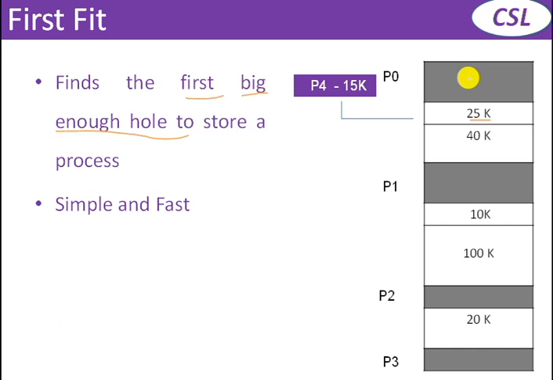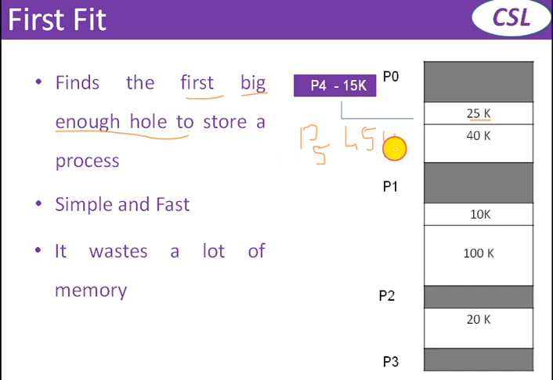For implementation, the first fit technique is very simple and it works fast, but it wastes a lot of memory. Definitely, here 15K is accommodated in 25K, so 10K is wasted. Let us say I have a new process, P5, with size 45K. This is my new process request.